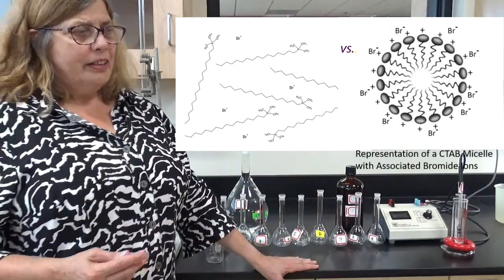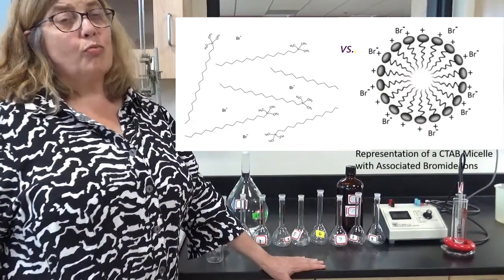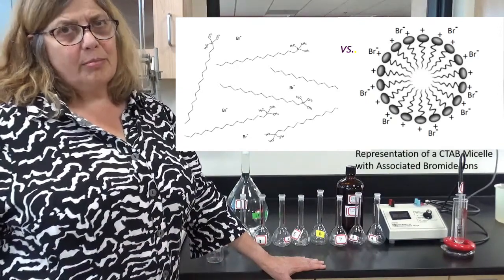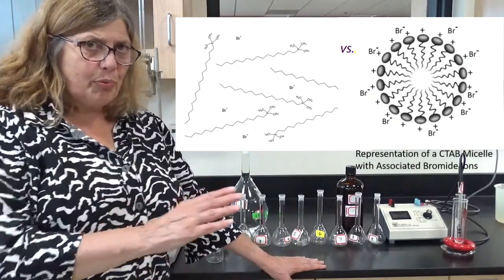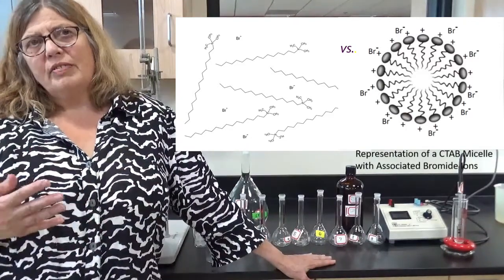So you end up with a change in the rate of increase of conductivity with CTAB concentration. And where that break in the concentration is, where that change is, is what we define to be the critical micelle concentration. So one way we're going to determine that is by conductivity measurements.